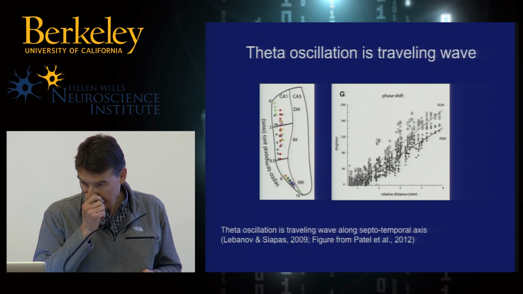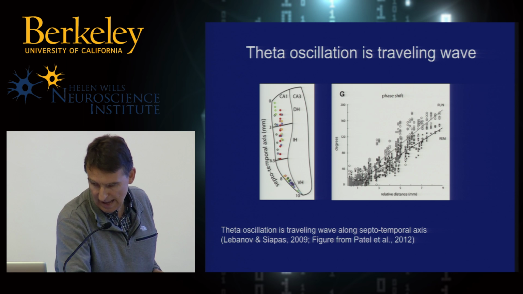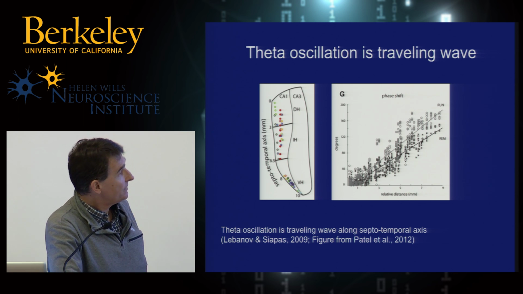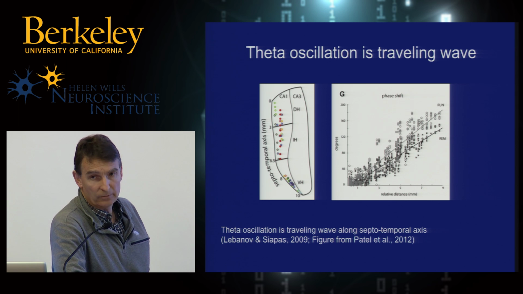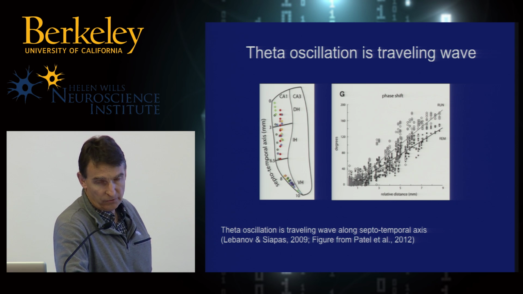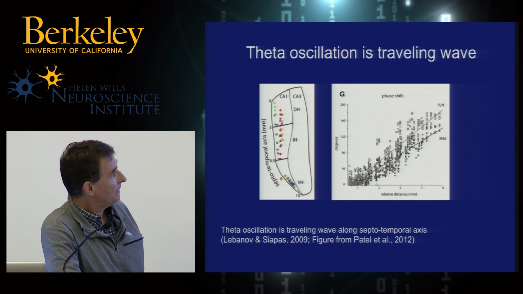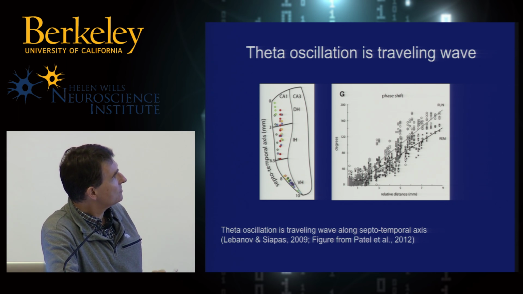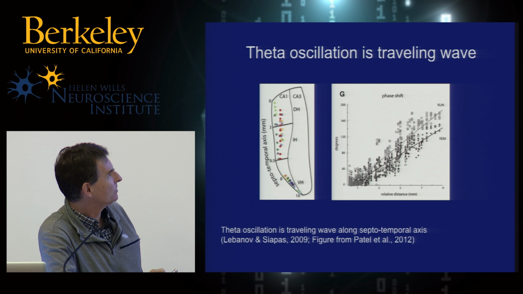However, in 2009, Thanos Yappa's lab showed that in the hippocampus, the theta rhythm, which is really one of the strongest rhythms in the brain, does not have the same phase independent of space. So this shows one depiction of the hippocampus where this is the septotemporal axis.